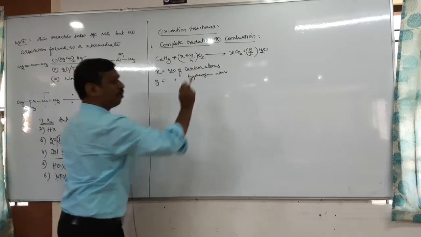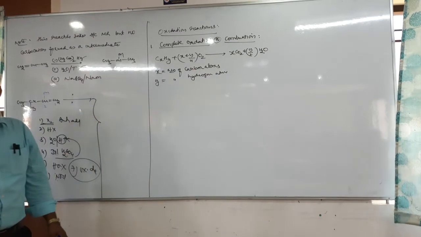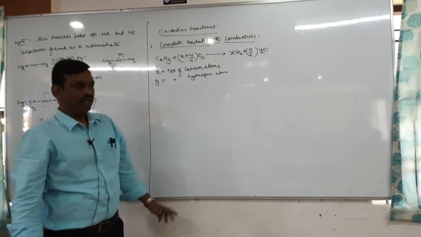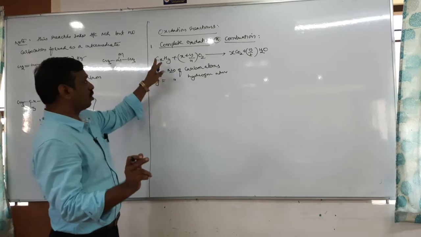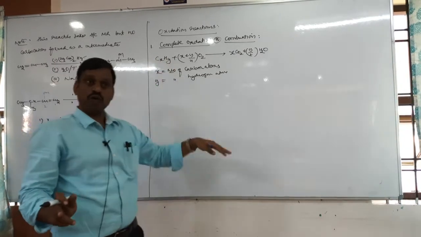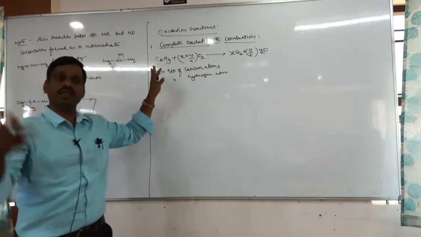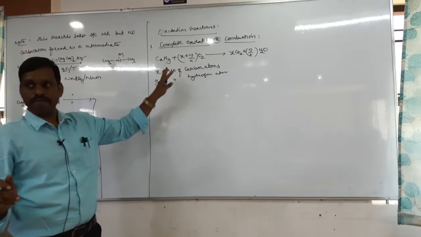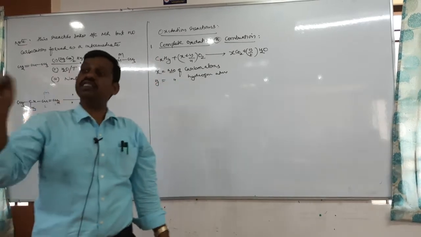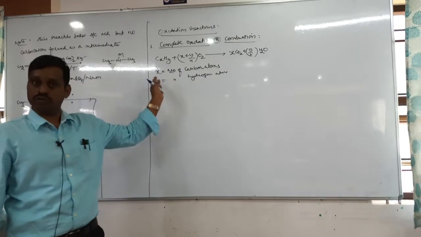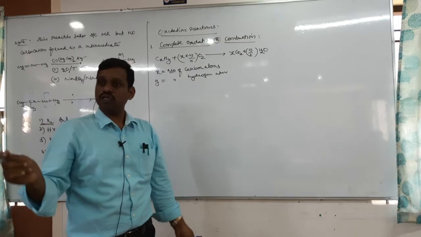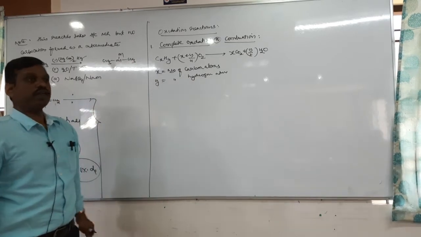Tell me, this formula is applicable for what? Only hydrocarbons. Of course in benzene also. That means the hydrocarbon must have only carbon and hydrogen. If other than carbon and hydrogen there is nitrogen or oxygen, we cannot use this formula. We have other formulas, different formulas are there. For hydrocarbon, alkane, alkene, alkyne, even benzene, this formula can be used because benzene also contains only carbon and hydrogen. Wherever carbon and hydrogen is present, this formula can be used for complete combustion.